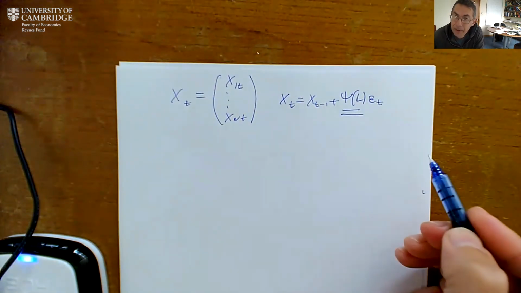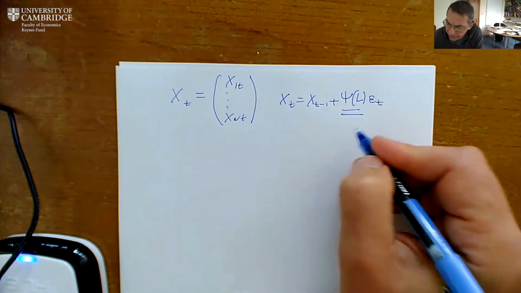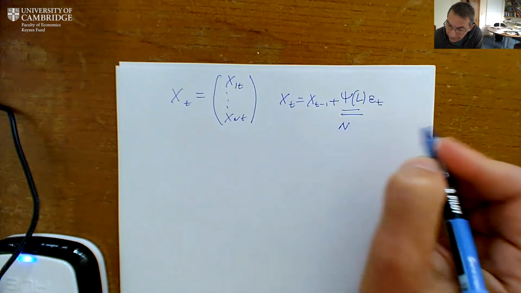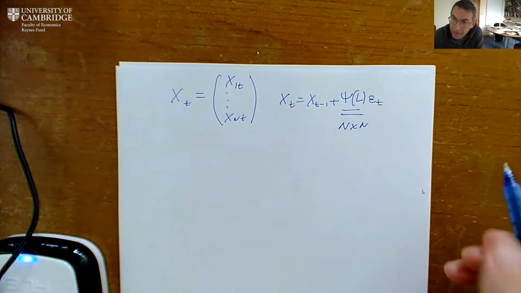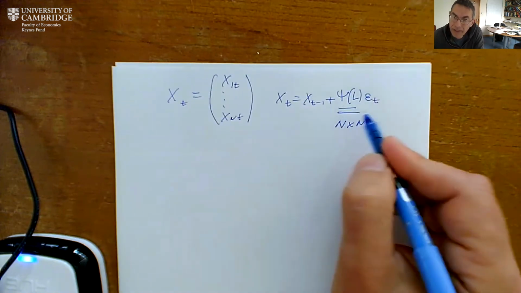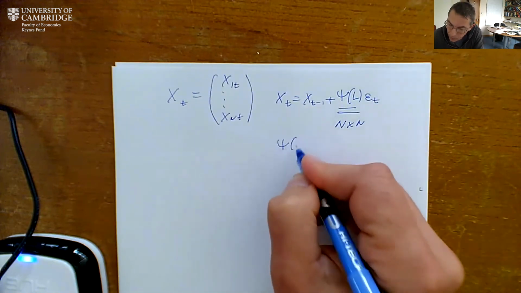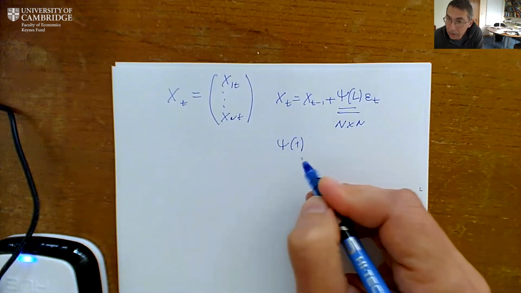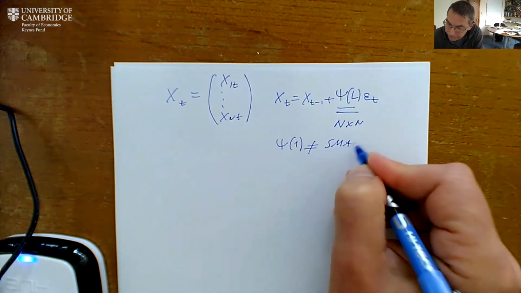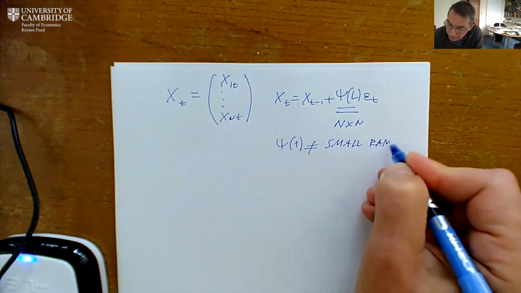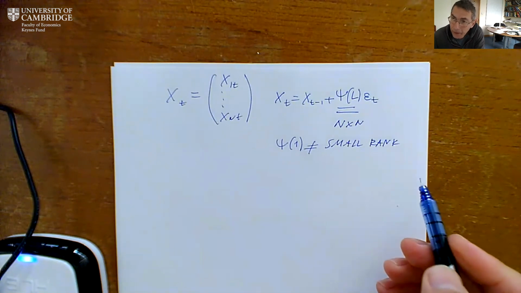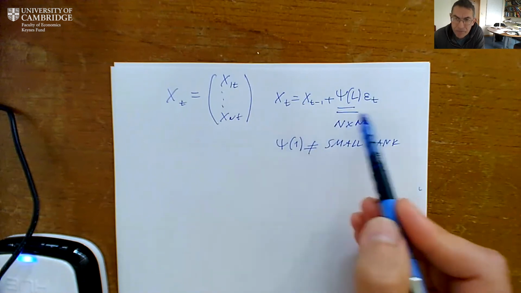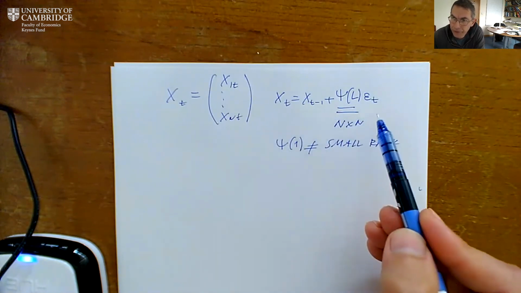And this matrix lag polynomial can be a very complicated n by n polynomial. Well, as long as Psi(1) cannot be well approximated by a small rank matrix, as long as this holds, basically the previous theorem that I showed you holds for this data. And this is really a very general model.